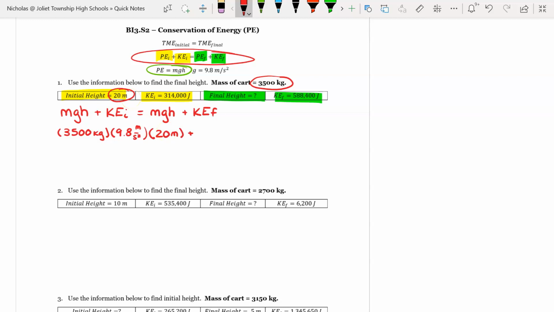Then we add that to the initial kinetic energy, which is given in the question. What we've done by multiplying all this out and adding it to the initial kinetic energy gives us total mechanical energy. We set that equal to the right side of the equation, and we're going to be able to find the final height.